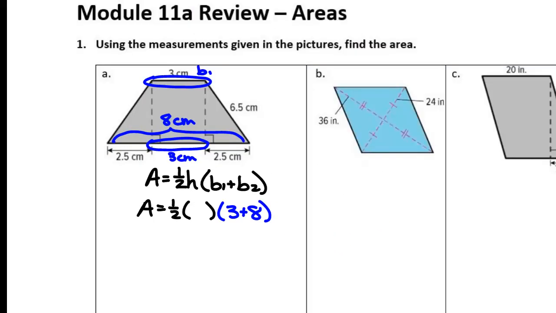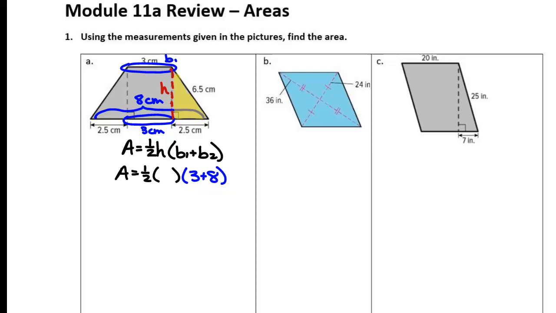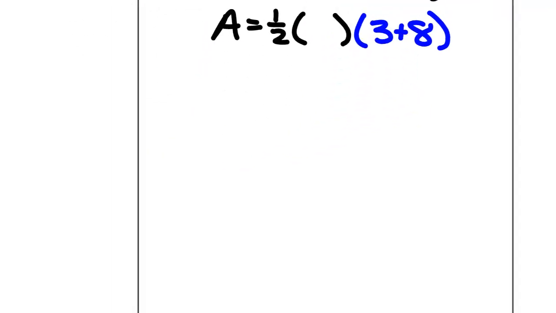The height has to form a right angle with the bases. So this dashed line here is my height. And I don't know how big that is. But what do I have to work with right here? I have a right triangle. And what can I use to find missing sides on a right triangle? Pythagorean theorem. So I'm going to do that down at the bottom here.